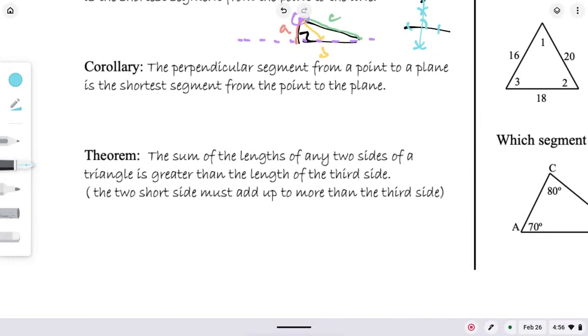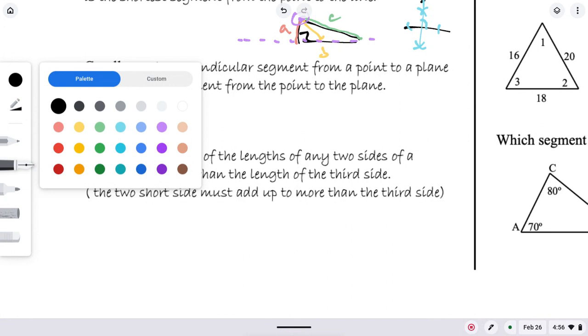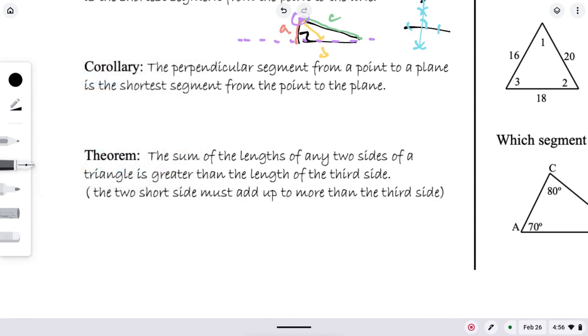Finally, this theorem at the end, this one's going to be a little harder to represent without a visual, because I did a visual in class for this, but the sum of the lengths of any two sides of a triangle is greater than the length of the third side. So if I had A, B, C, right, those sides of a triangle, the longer C gets, C can only get so long, right?